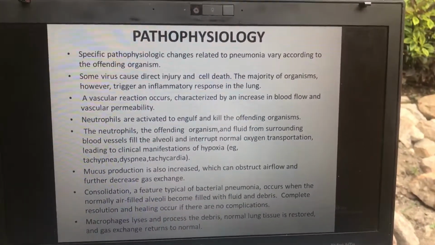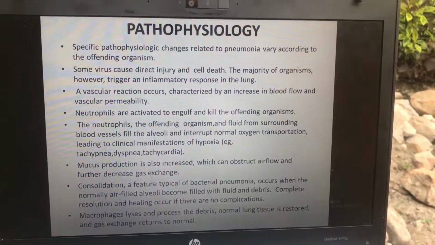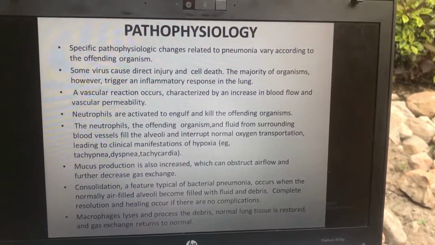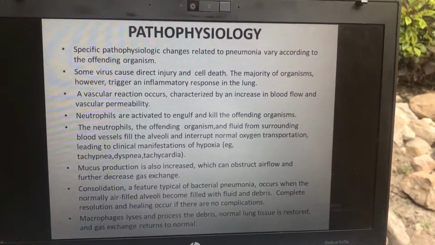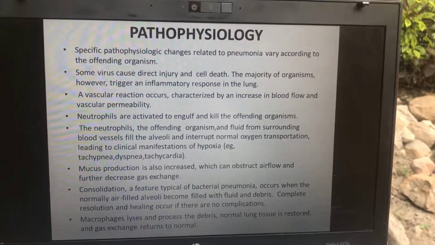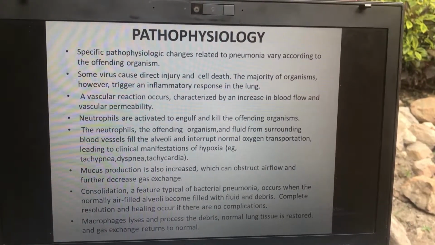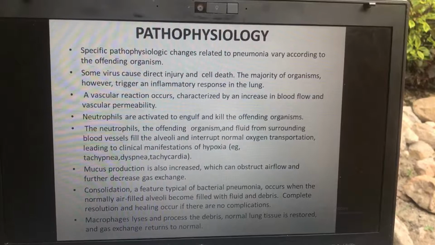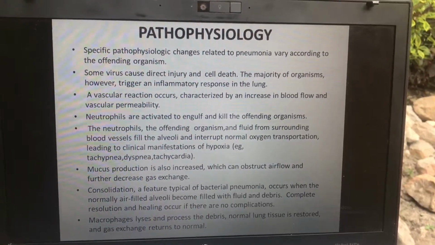What can we understand about this pathophysiology? Normally, when there is a cell injury, there will be an inflammatory process. During the inflammatory process, we will see vasodilation to allow permeability. The vasodilation will increase the permeability, and then the blood fluid will shift from the vessels to the extracellular interstitial part, where exactly the pathogen is located. At that time, those fluids will shift from the vessels into the alveoli.